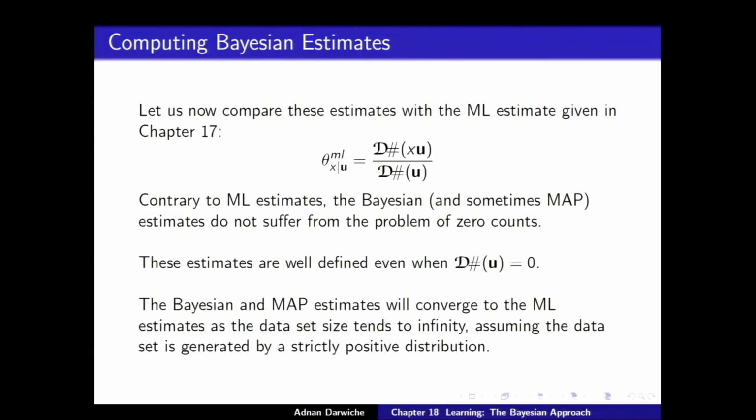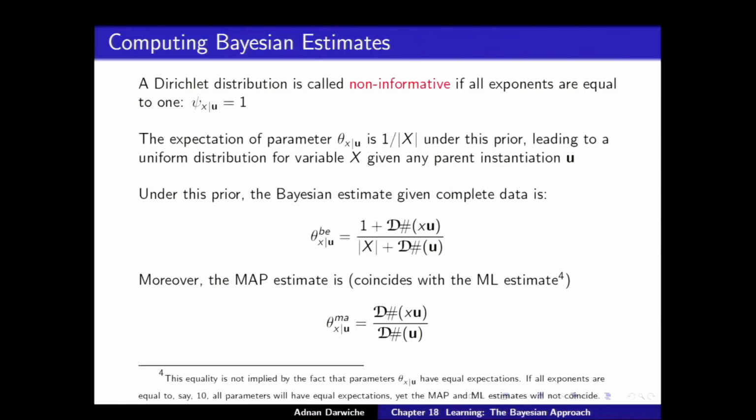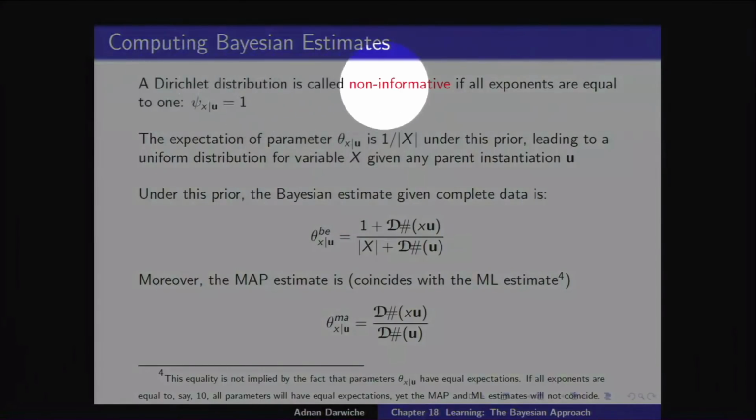Okay, there's one more thing to say about this, to tie them together. In fact, if you remember in the discrete case, we showed that when the CPTs on the parameter estimates were uniform, the two guys, MAP and maximum likelihood, ended up being the same. You have a version of this here. So people will say that a Dirichlet distribution is non-informative if all exponents are equal to 1.